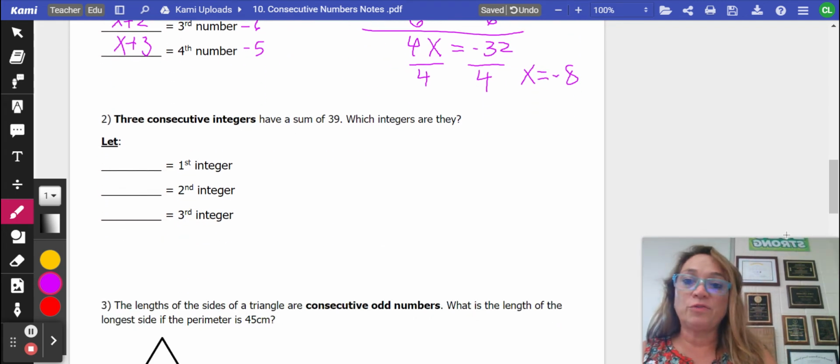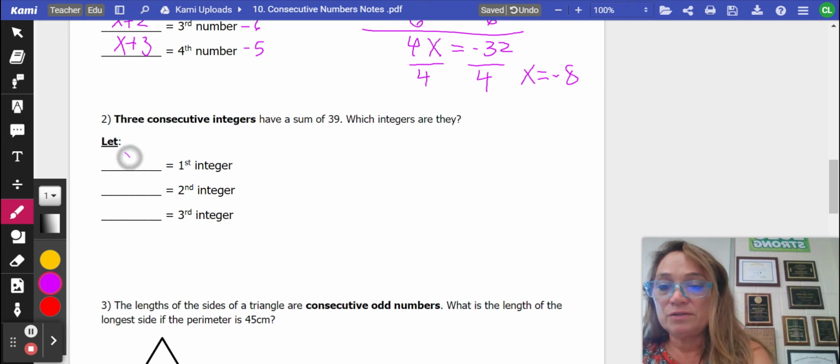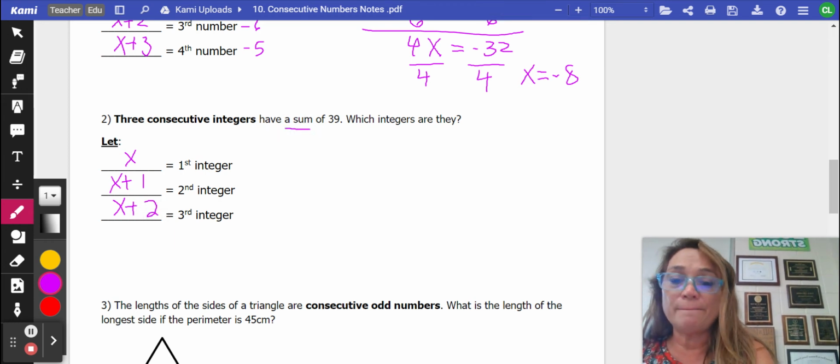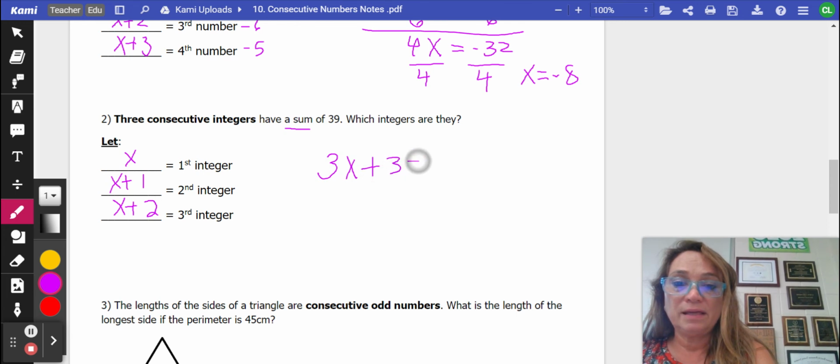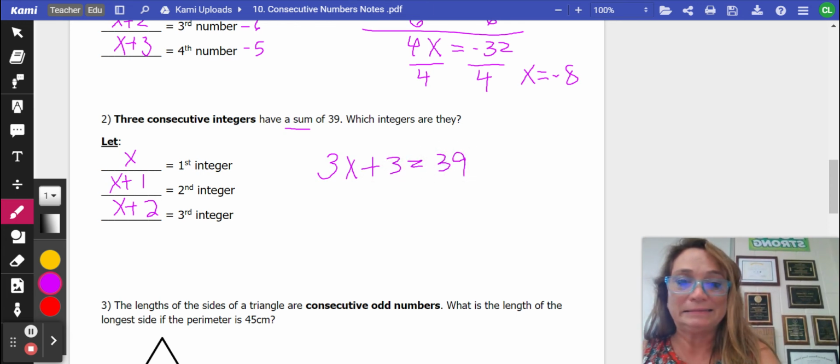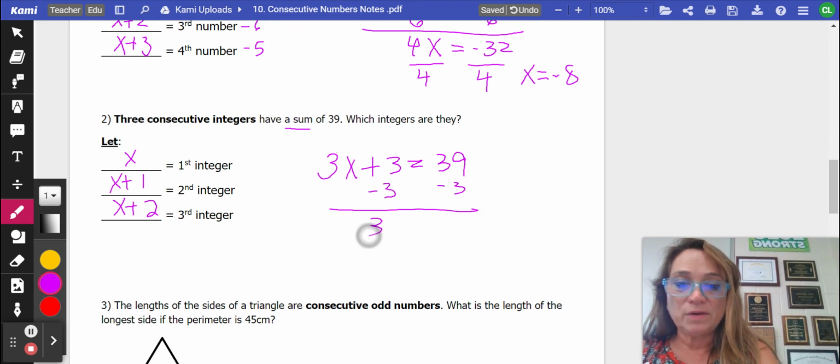Okay, so 3 consecutive integers. So x, x plus 1, and x plus 2. That have a sum. Sum means to add, so I'm going to add them together. And they're equal to 39. That's an equal sign, not a z. Sorry about that. So we get 3x plus 3 equals 39, so 3x equals 36.